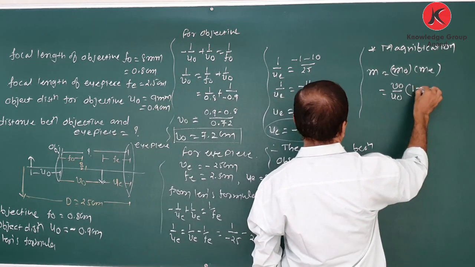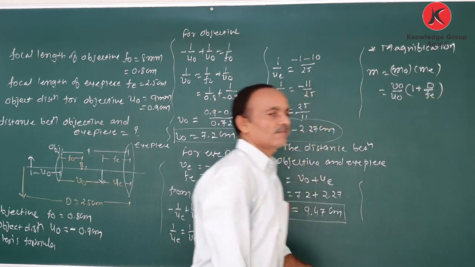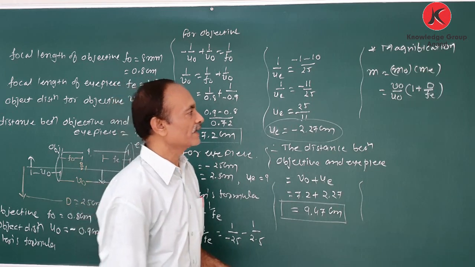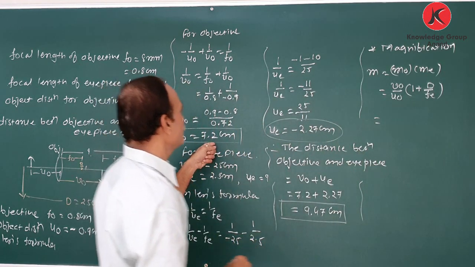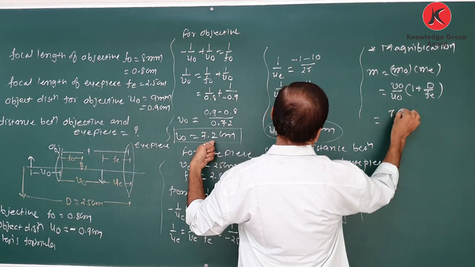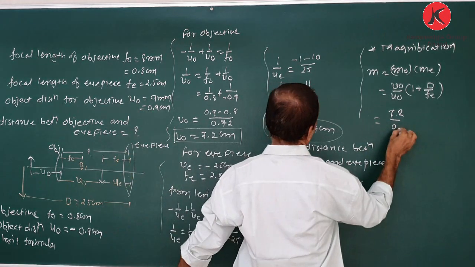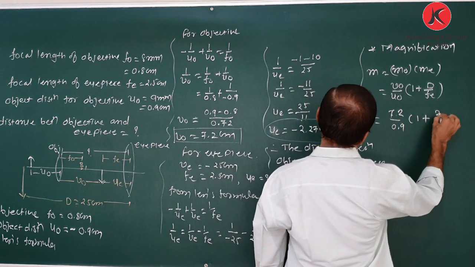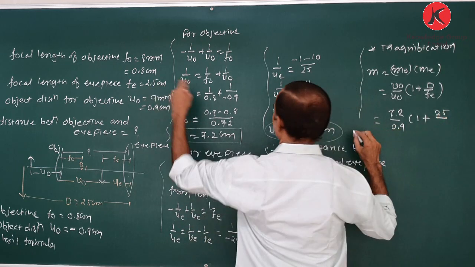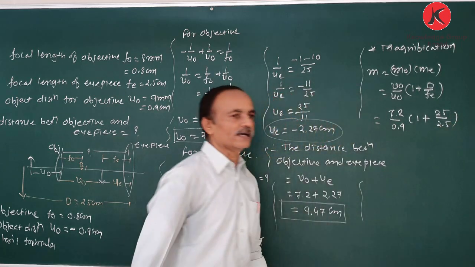Therefore, the magnification is 1 plus D upon F. Here we substitute the values. V0 is 7.2, U0 is 0.9, and 1 plus 25 upon 2.5.